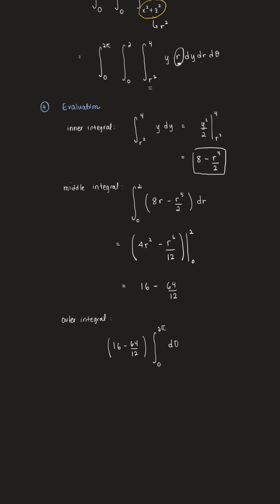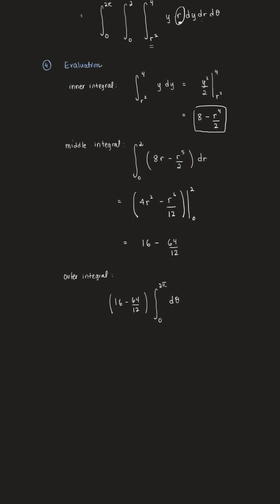Just d theta. So this is going to give us 16 minus 64 over 12 theta from 0 to 2 pi, which is 2 pi times 16 minus 64 over 12.